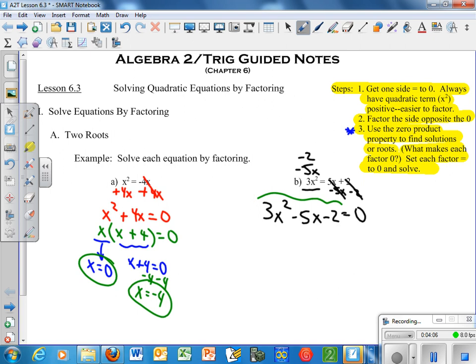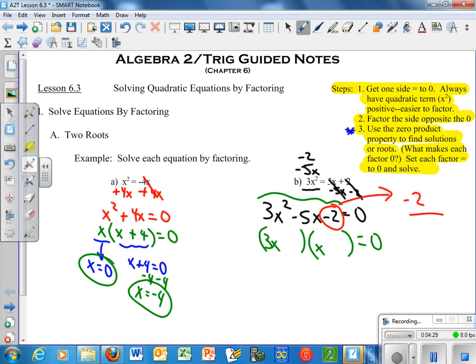So now it becomes trinomial factoring. And we don't have 1x squared, we have 3x squared. So that means if it's factorable, my first spot I'm going to factor into a 3x and an x. The only way to get 3x squared is 3x times x. Okay, and then I want to go to my c value, my c term, negative 2.